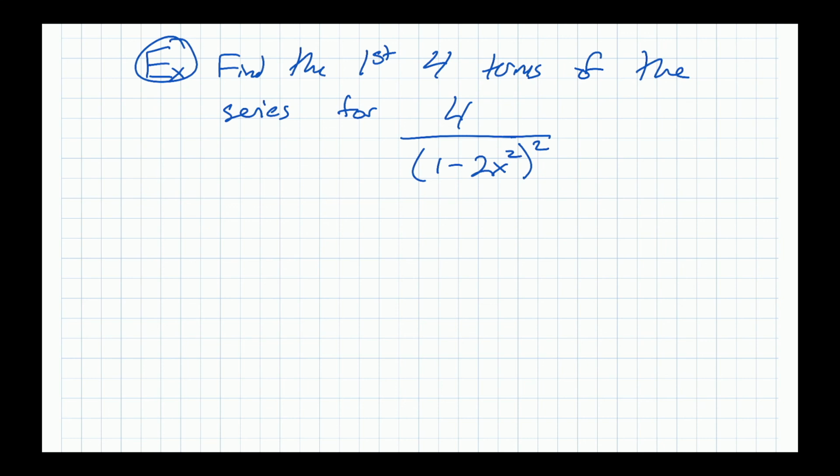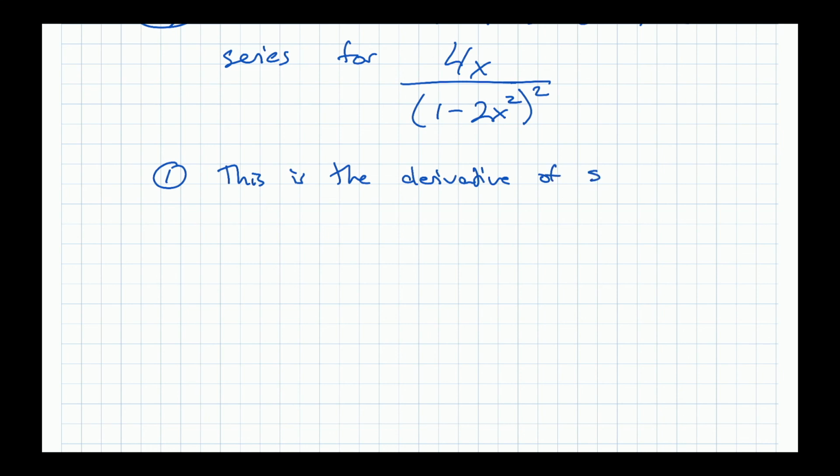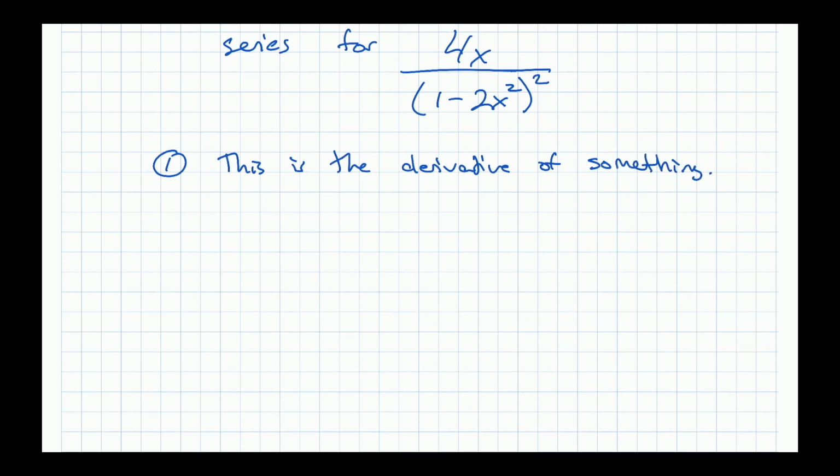And that looks like a really hard question. But there's a specific way to go about this, and you wouldn't necessarily know this. So I'm telling you, first of all, this is the derivative of something. Okay, I'm telling you that.